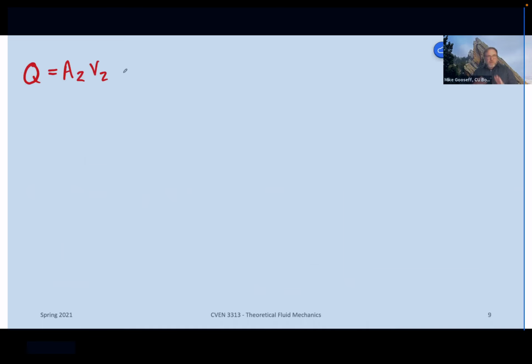A2 is a little bit nebulous, but what we really mean here is that it's C, the contraction coefficient, times A3 times V2. So V2 and V3 are basically the same. I could have written this as V3 and said that they're identical, but there's a point beyond 2, of course, where the velocity dissipates. We're using 2 right now to just get us beyond the orifice, which is where 3 is.